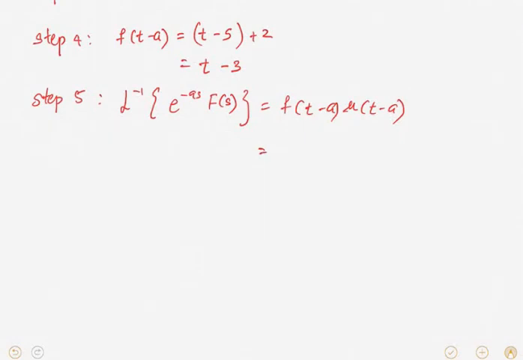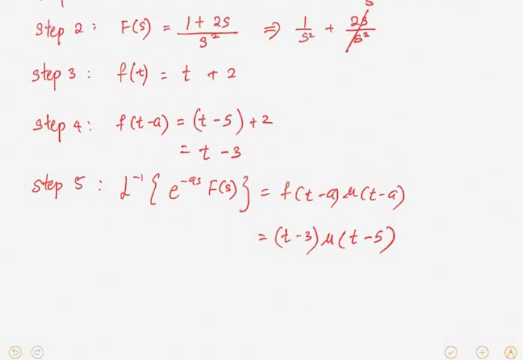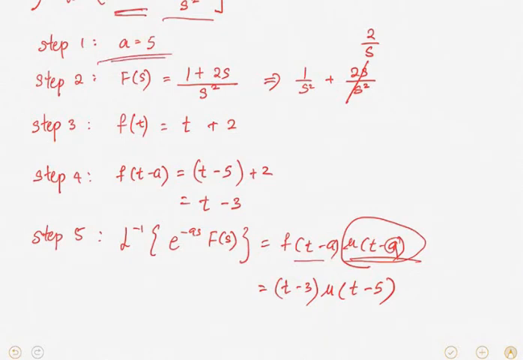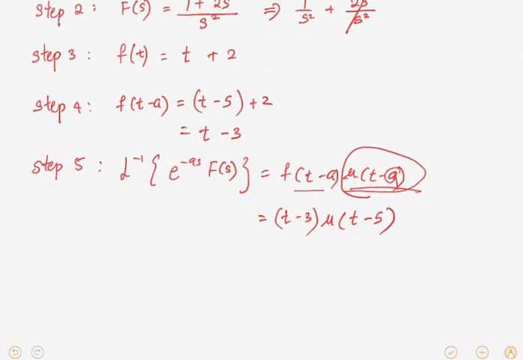Okay, f(t minus a) you obtain is t minus 3. Then u(t minus a), and a is 5, so u(t minus 5). So please bear in mind not to mix up: the a in u(t minus a) follows the first one. For f(t minus a), we already substituted a before, so you obtain t minus 3.